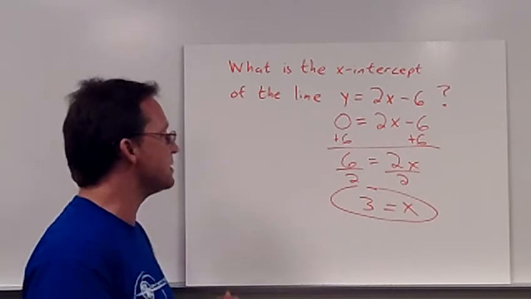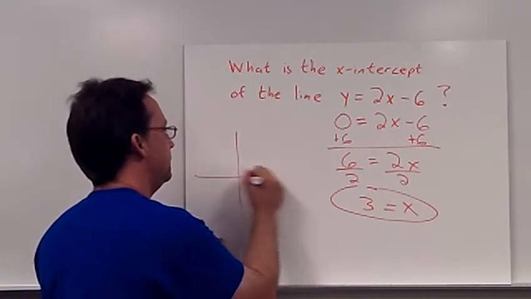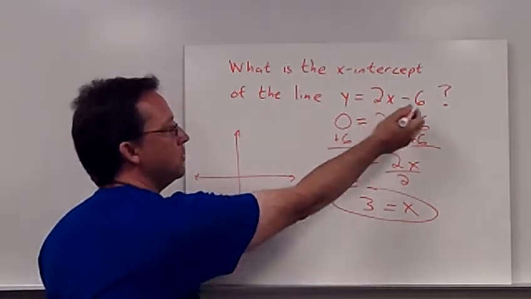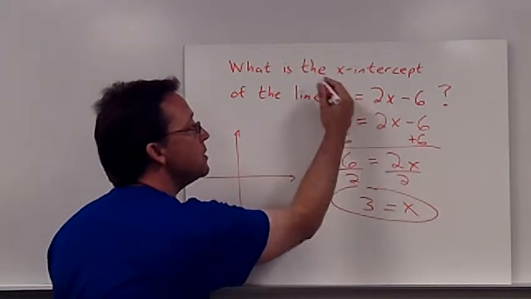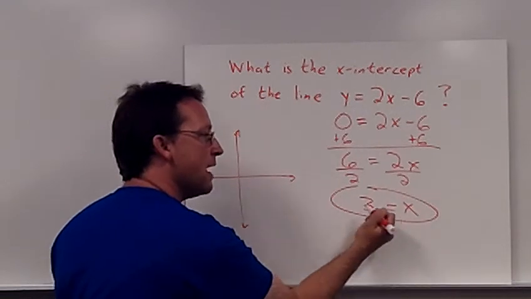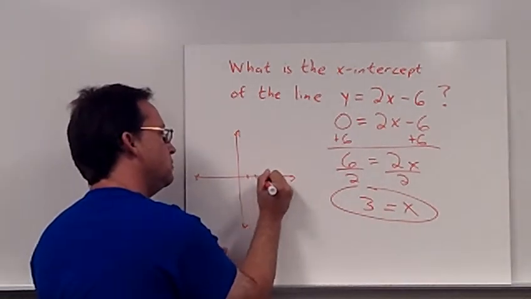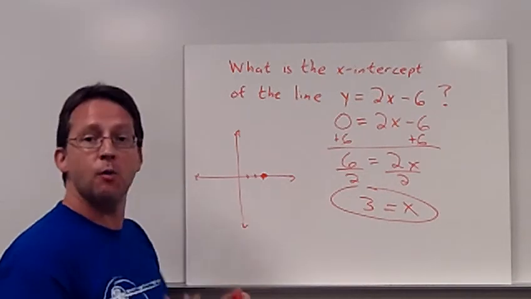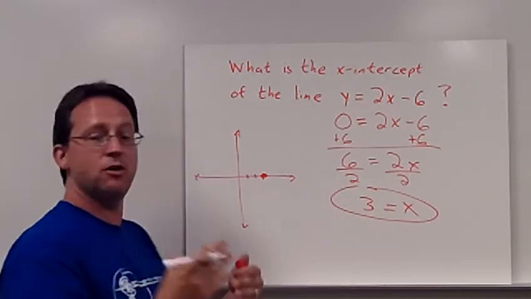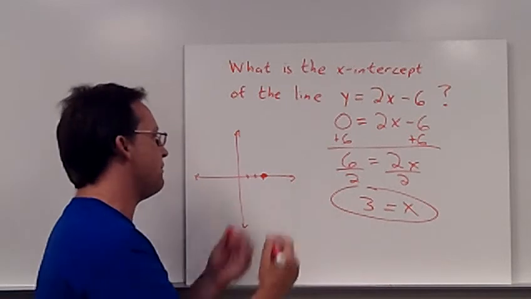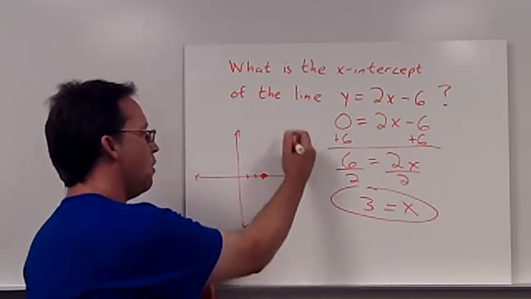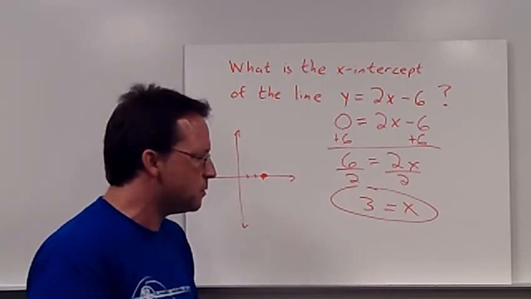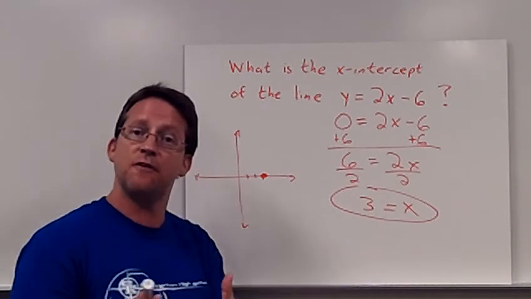So if I were graphing this line, and again, we know a lot about graphing lines already because we know about slope and y-intercept, we would know this graph crosses the x-axis where x is 3. 1, 2, 3. We'd have an x-intercept there. From there, we could use slope, or we could choose some other points and graph the rest of that line on our coordinate plane.